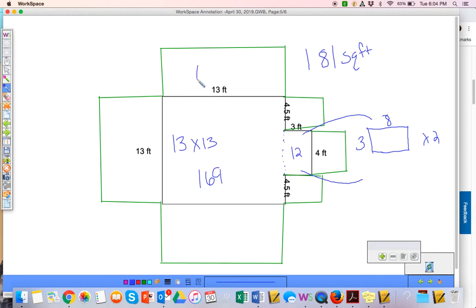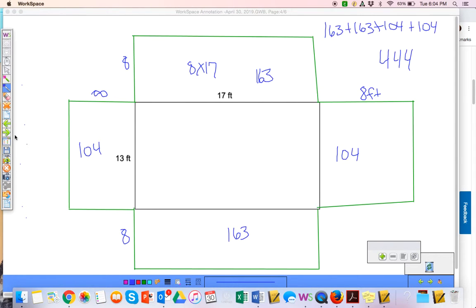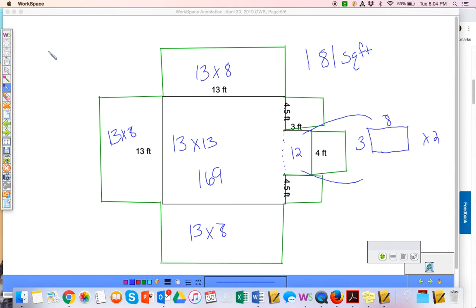So we would do 13 times 8, which here we figured out was 104. So we're going to do 104 plus 104 plus 104.